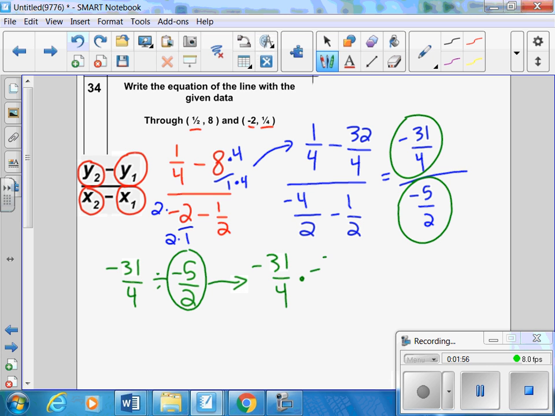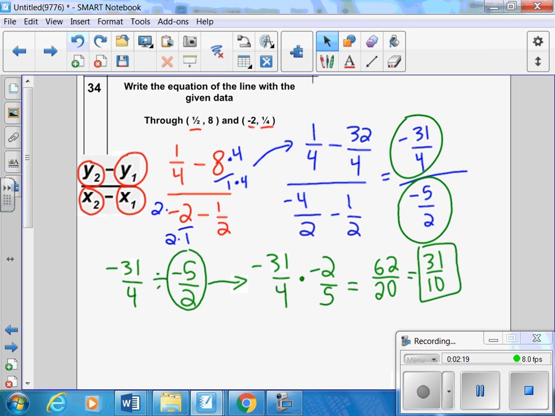So that'd be -2/5. So now -31 times -2 is positive 62 over 4 times 5 is 20. Now reduce the fraction. You get 31/10. This is the slope. We're going to take the slope and one of our points to find the equation.